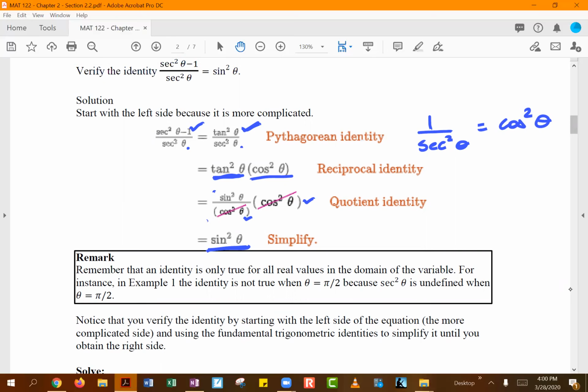But what happens in this example is that when theta is equal to pi over 2, your secant squared of theta function is going to be undefined because that's, of course, your 90-degree angle, and that's where your secant function is undefined because you end up dividing by 0. So even though we are proving this as an identity, there is one value of theta where your function is going to be undefined. Just something interesting to keep in mind.